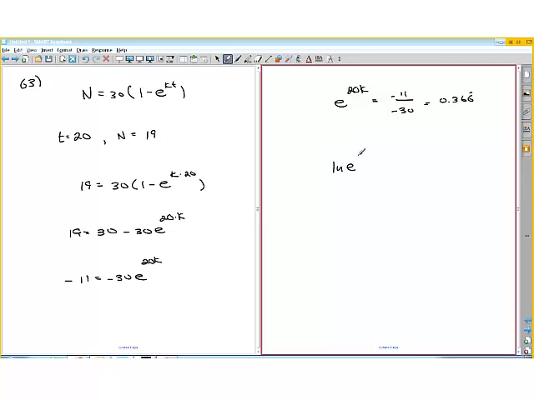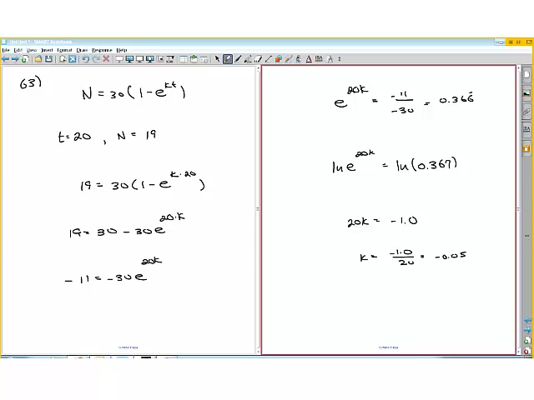Then you take the natural log of both sides. You get the natural log of e^(20k) is equal to the natural log of 0.367. I guess I'll round it up. So the left-hand side becomes just 20k, and the natural log of 0.367 is negative 1. So k is equal to negative 1 divided by 20, which is negative 0.05.